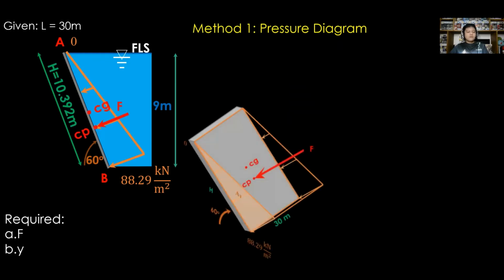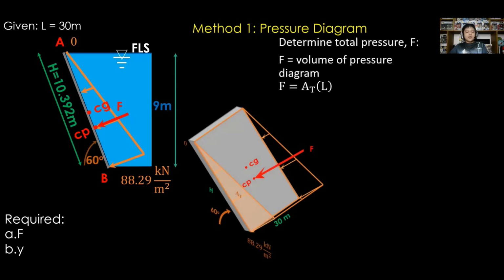So updating now, determine the value of force F. F is equal to the volume of the pressure diagram, or A sub T, the area of the pressure diagram, times L, the width of the submerged surface. Substitute values. Therefore, F is equal to the area of the triangle, that is 1/2 times the base, 88.29, times the height, which is H, the 10.392 meters.